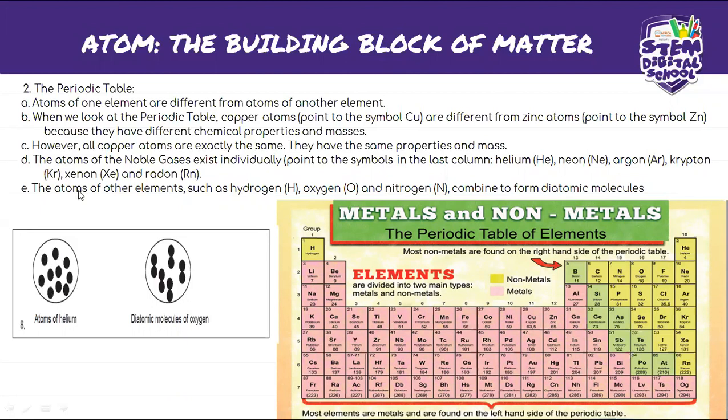They are single. Now let's look at the atoms of oxygen molecule. They are double. What it means is that helium atoms cannot interact with other atoms. So that's why they are single.